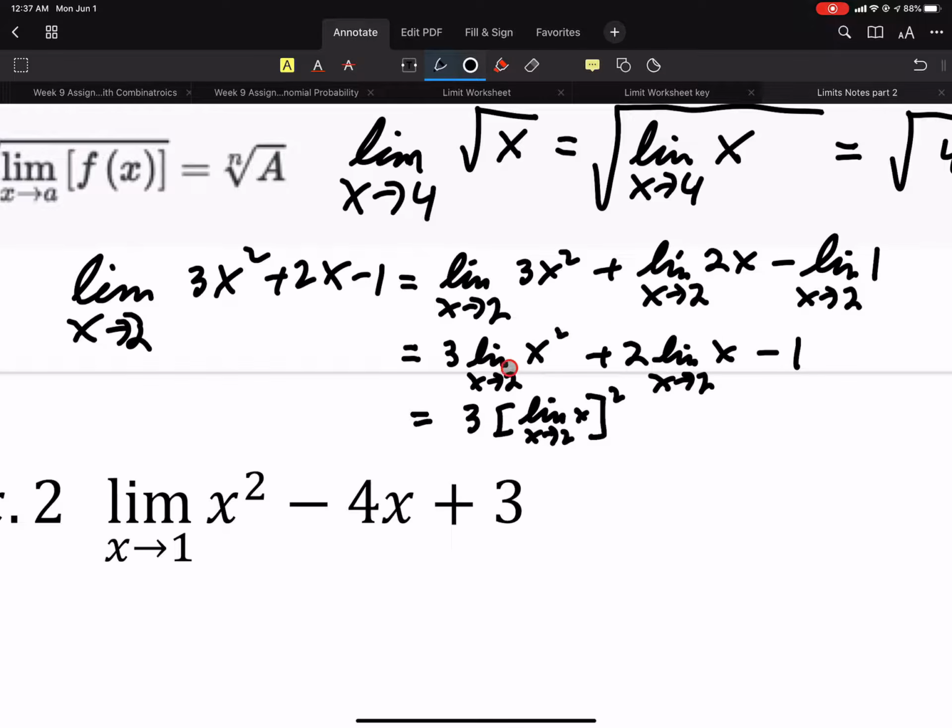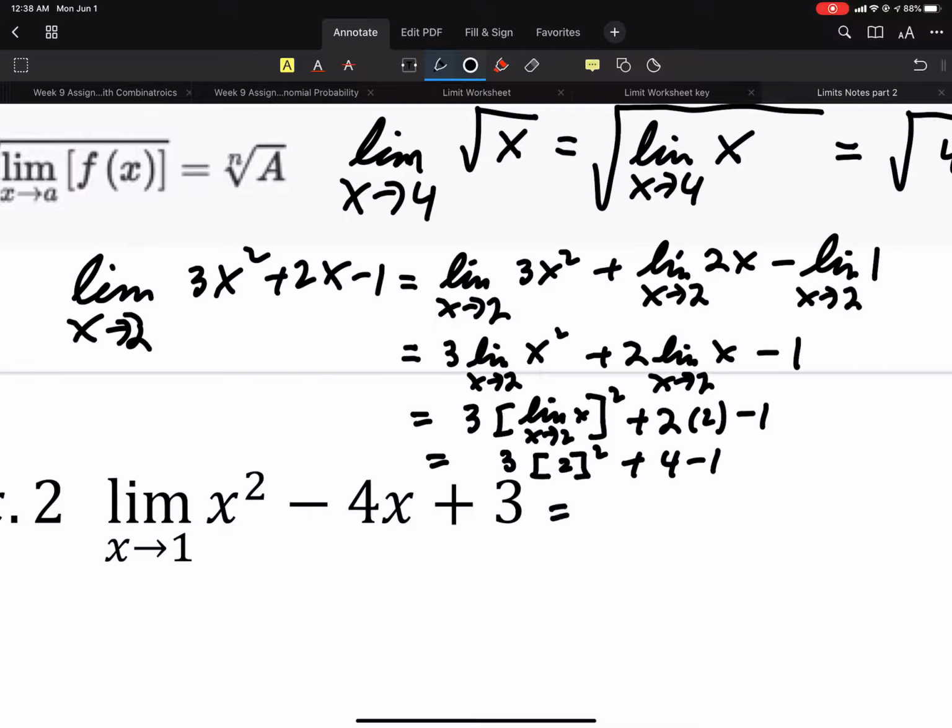So I take the limit of the function inside, then I square it, and then, well, this limit here, we've done a few times. We should know that's 2. And then I have 3. The limit inside that is going to be 2 inside the bracket squared.